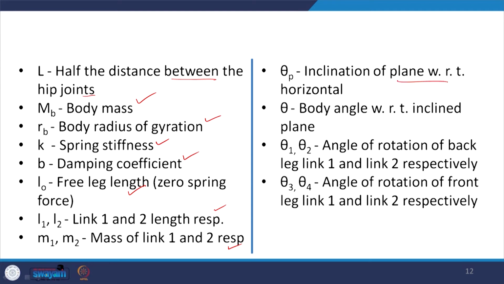Then this is the inclination of the plane, this is the body angle with respect to the inclined plane, and these are the joint angles of the back leg, theta 1 and theta 2, and theta 3 and theta 4 are those of the front leg.